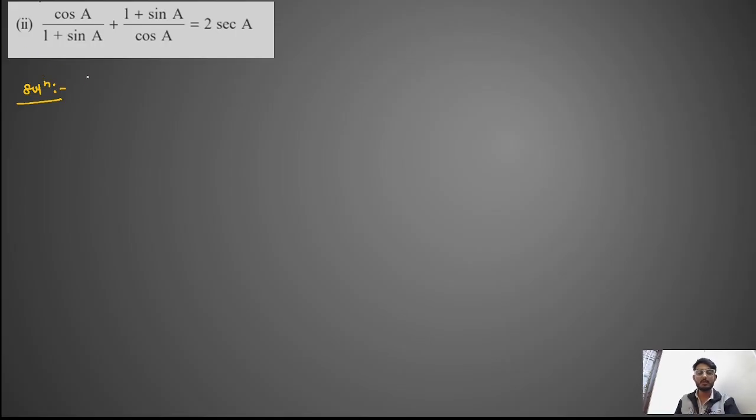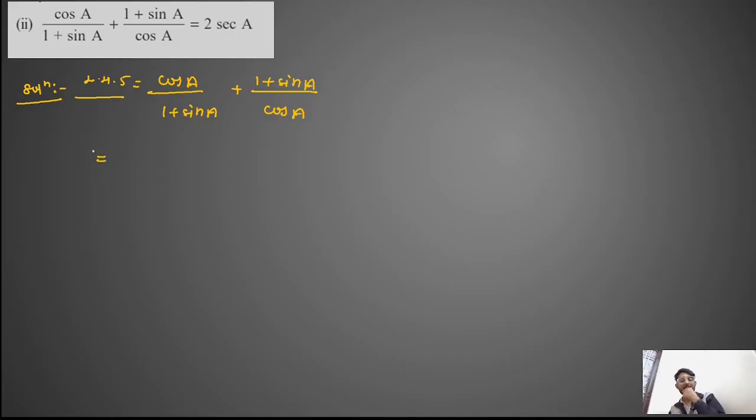So here you are given cos a upon 1 plus sin a plus 1 plus sin a upon cos a. How can you find the value of this? Here we have 1 plus sin a and cos a, so you can take the complete term as LCM, because both terms are distinct to each other.